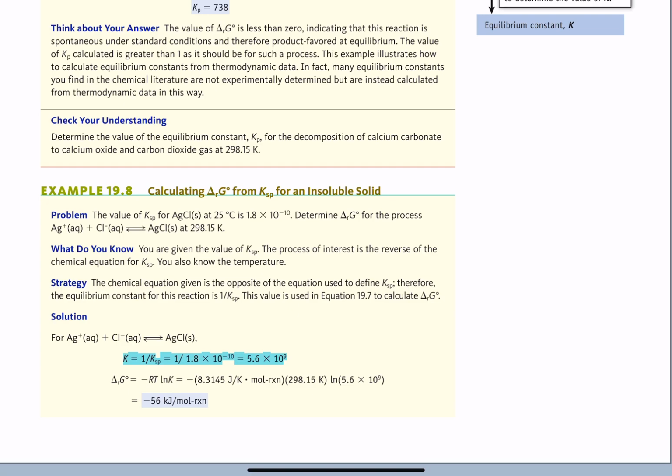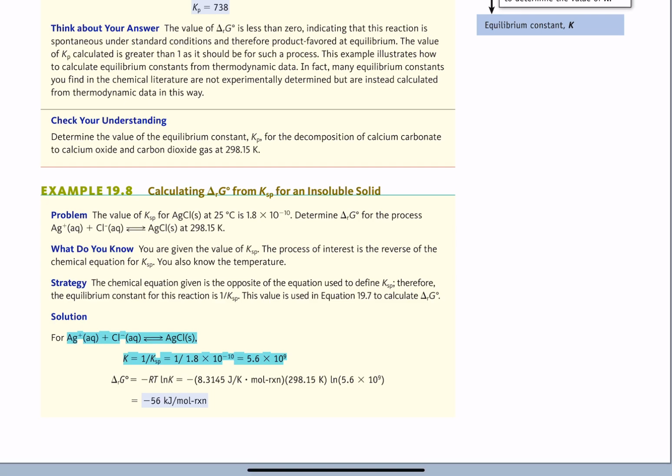In other words, it stands to reason that if, in this equation right here, silver chloride does not dissociate in water to silver ions and chloride ions much at all, and its equilibrium constant is logically very much less than 1, that is 1.8 times 10 to the minus 10th, then the reverse reaction ought to be very product favored.